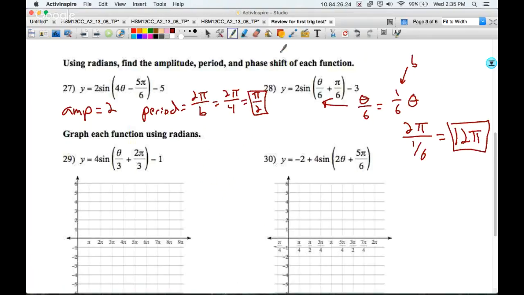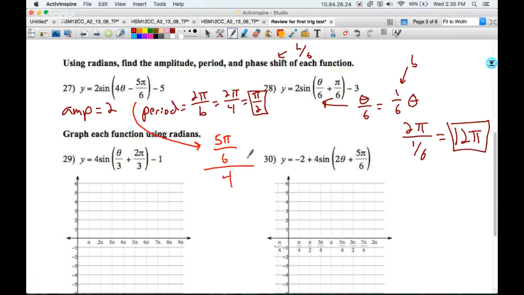All right, phase shift. This has got a formula, h over b. Our h value here is the 5 pi over 6. Notice I don't need the negative. It's always the opposite of this number, so I don't bring the negative with. So 5 pi over 6. Our b value is 4.